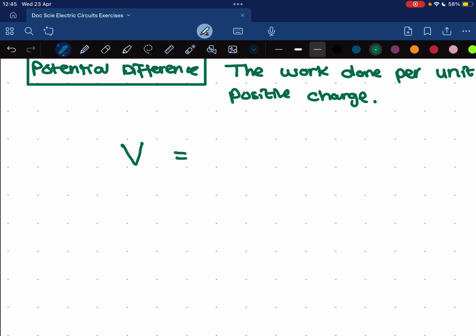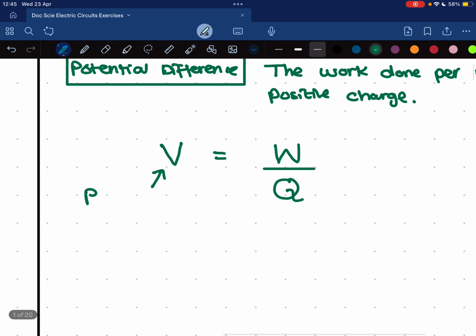So per would refer to division. So we would have the equation that looks like this, where we would have the V, which is the symbol for potential difference, which is measured in volts.